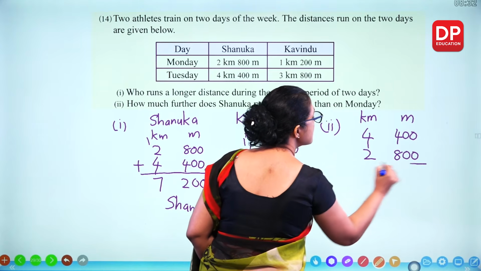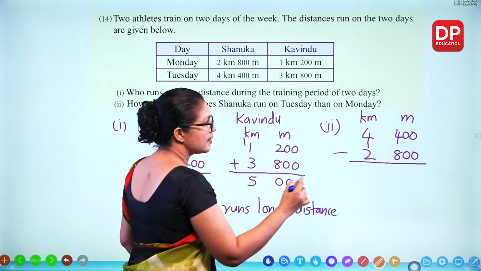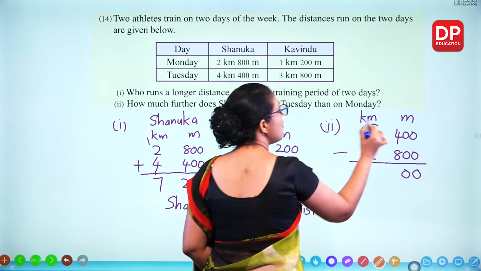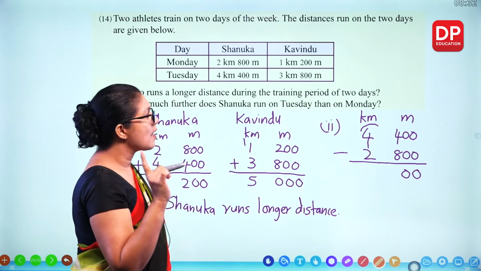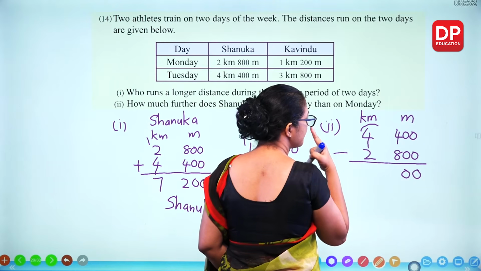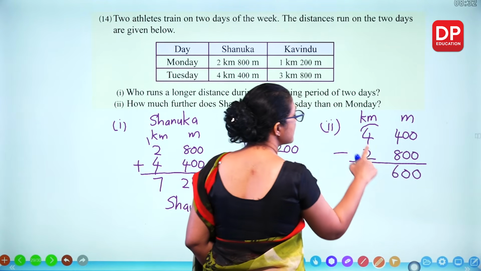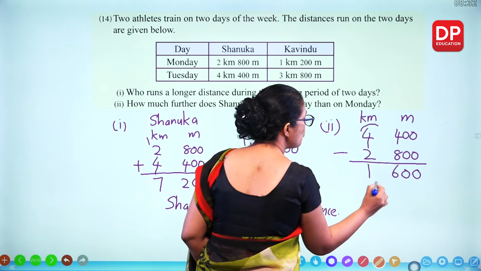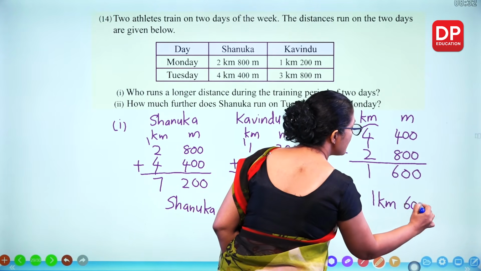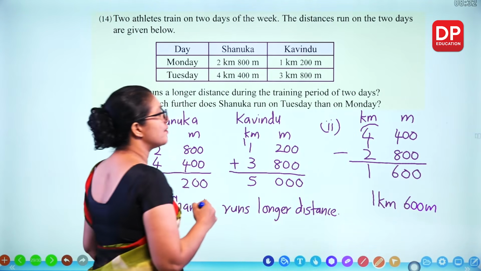We can't subtract. We have to take 1. When we are taking 1, that means 1000 meters. So 14 minus 8, you get 6. This becomes 3. 3 minus 2, 1. So 1 kilometer and 600 meters extra.